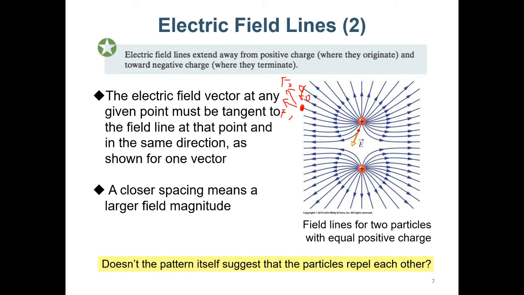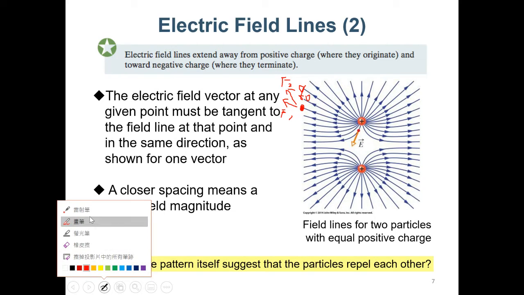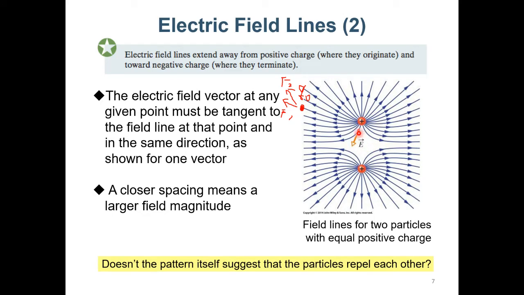I'm not sure how to convincingly tell you the reason, but you can just see the lines here. They are somewhat like this. Which means that if you place a positive charge here, it will try to follow the electric field.